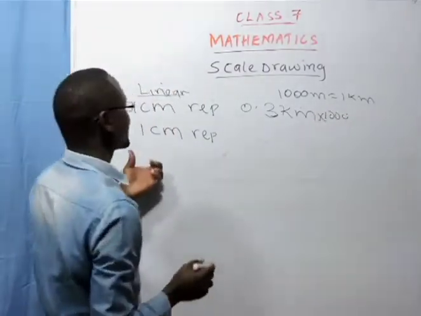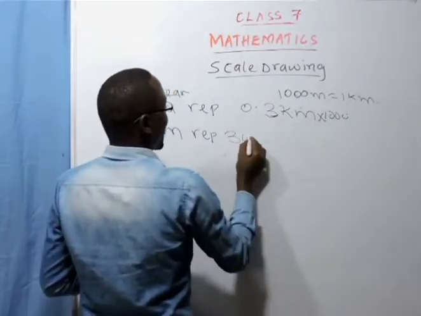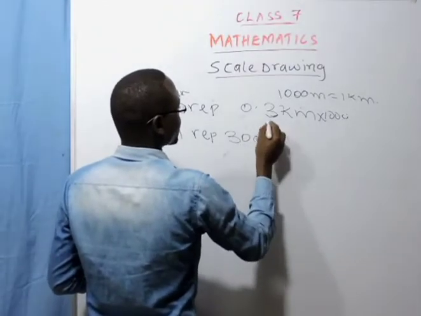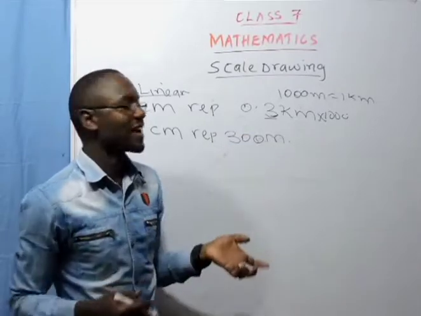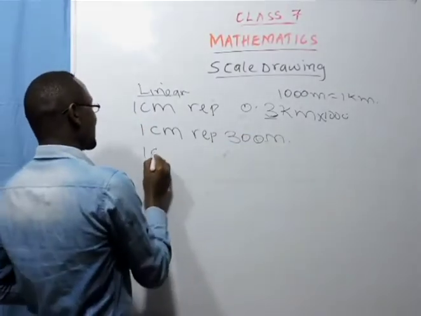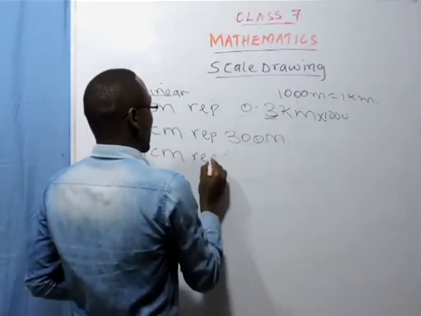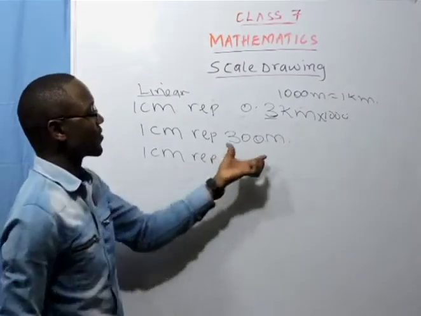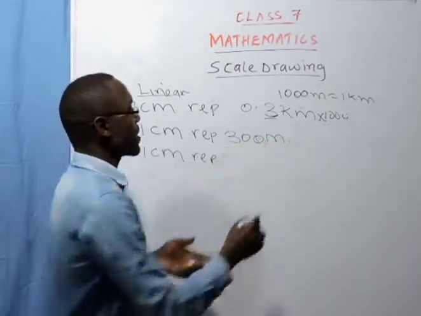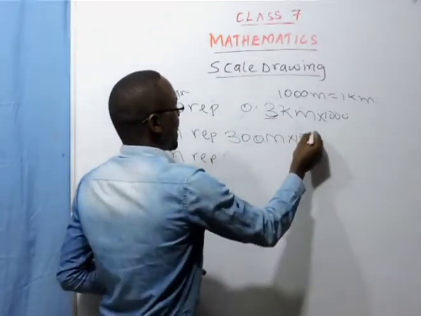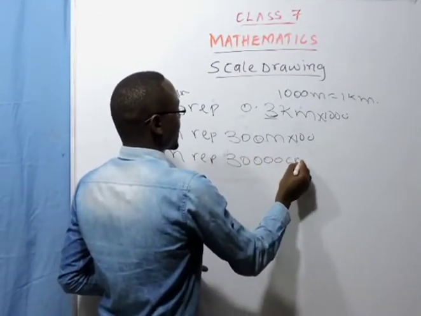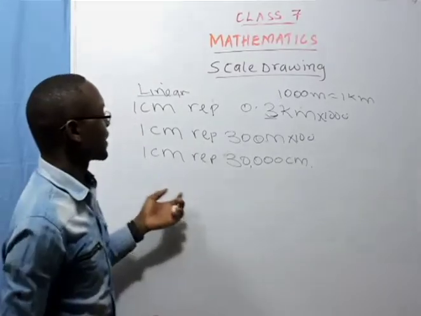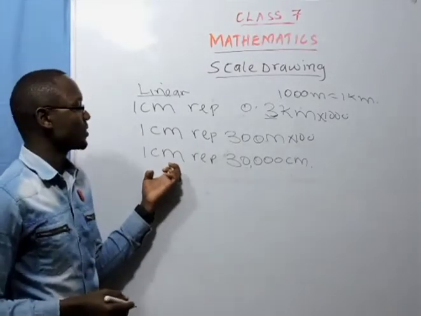So we can say 1 centimeter represents 300 meters. We've gone from kilometers to meters. We can further go to centimeters. 1 centimeter represents how many centimeters? Convert meters to centimeters, multiply by 100. So 1 centimeter represents 30,000 centimeters.